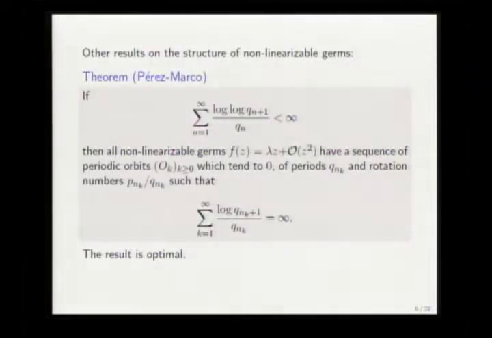The non-linearizable germs have a sequence of periodic orbits which tend to the origin, and the periods q_n verify the Bruno condition here. The result is optimal. This too can be extended to C^2 once we learn the tool to transport results from one-dimensional dynamics to two-dimensional dynamics or even higher dimensional dynamics.